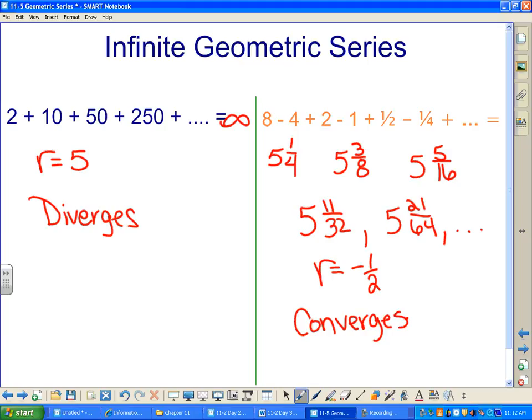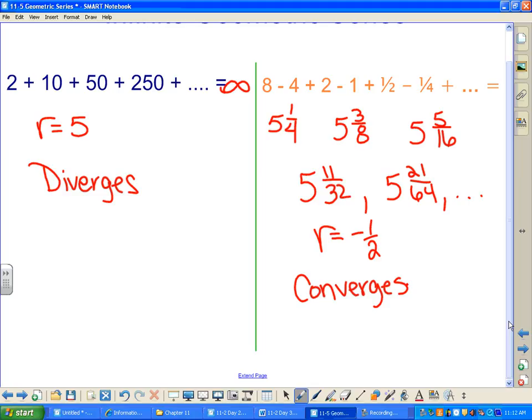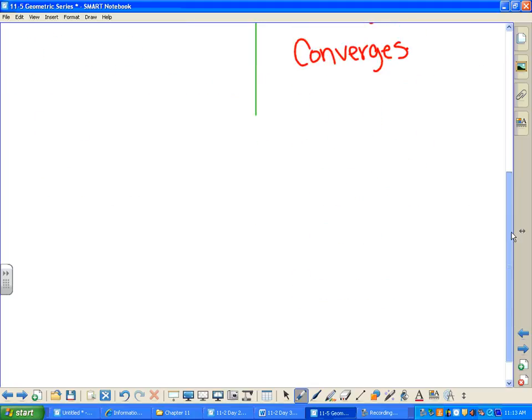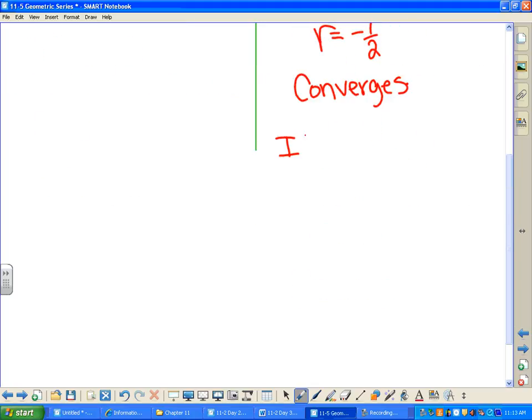It converges if your R value is what kind of a number? Yeah. If the absolute value of R is less than 1, then the sum converges.